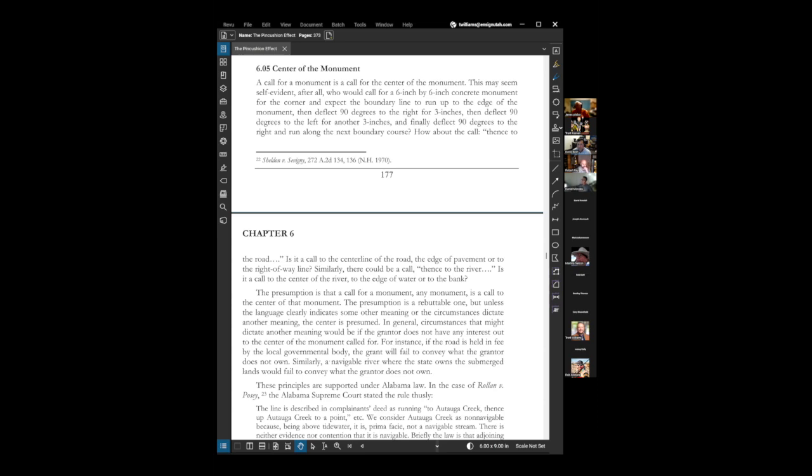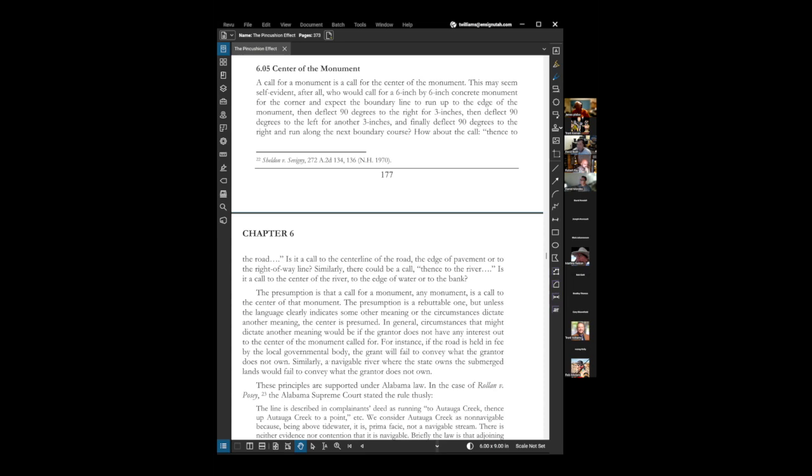So whenever a larger monument, such as it was described here, or a tree, or a large boulder, or whatever is mentioned in a deed, then its precise location is a little bit ambiguous. And the grantee has a right to occupy land to any corner that falls on that monument.